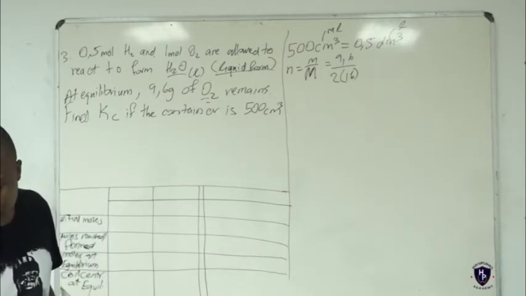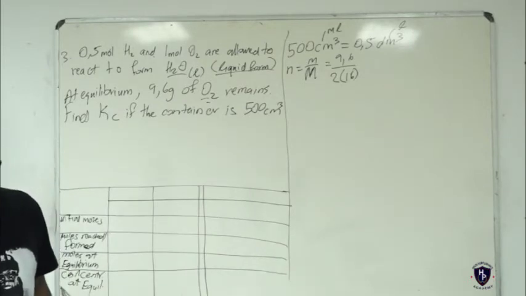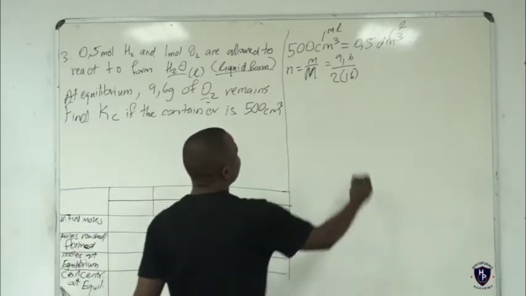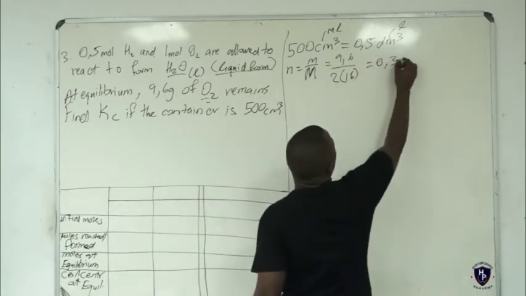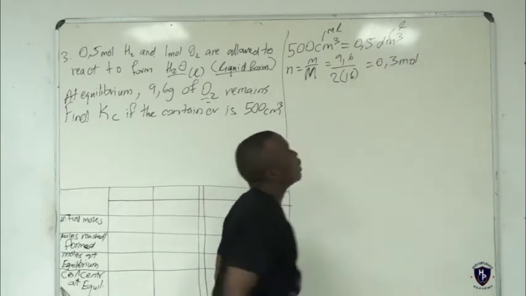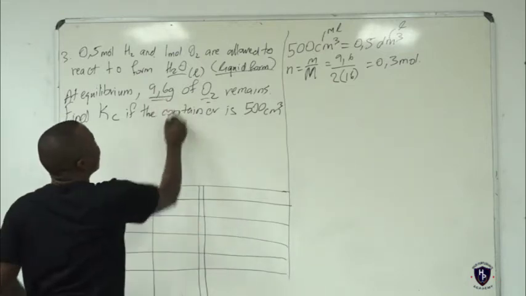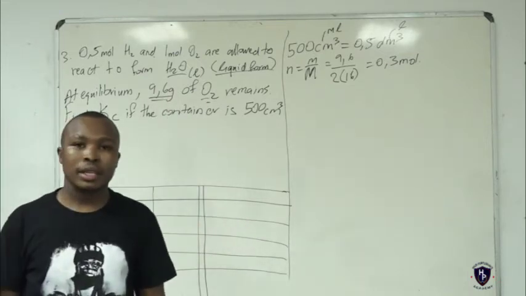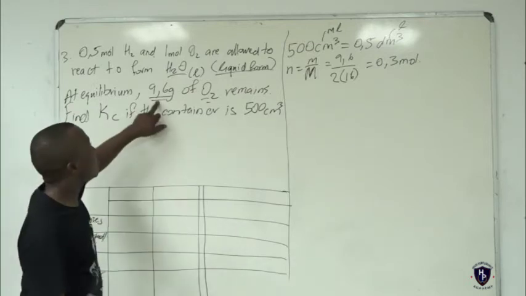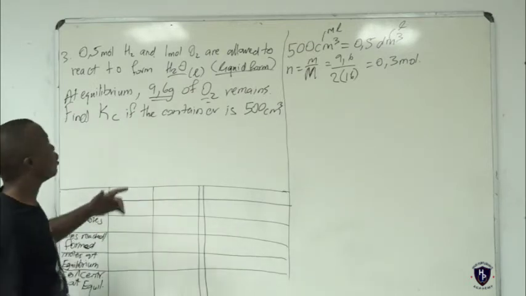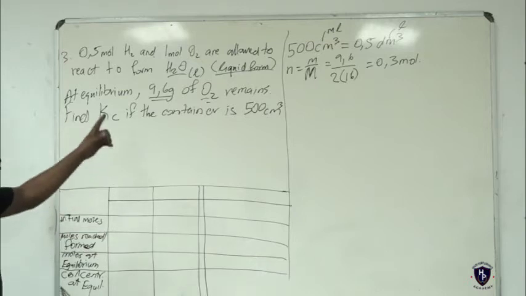So uma multiply lonto leyo I'm sure you should get 0.3 moles. Then okusho ukuthi at equilibrium uzoba no 0.3 of oxygen. This is the very same thing ngoba it's 9.6 oxygen in the form of ama grams.